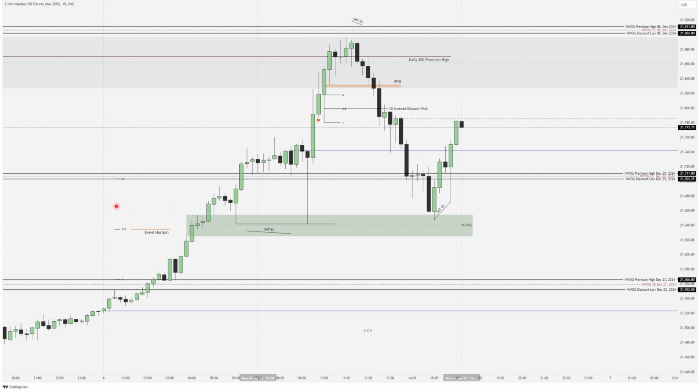So how do we define the event horizon? We define the event horizon PD array as the midpoint between a new week opening gap and another new week opening gap. So in this case, I was bullish, I was expecting higher prices. Price trades above this new week opening gap, trades back down into it, and then expands higher again. I define this as then the low, or 1.